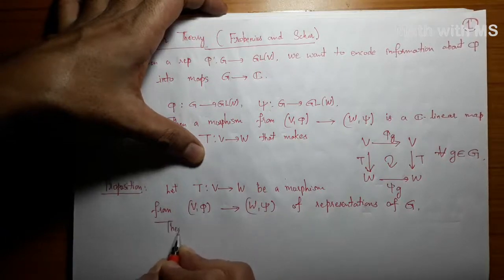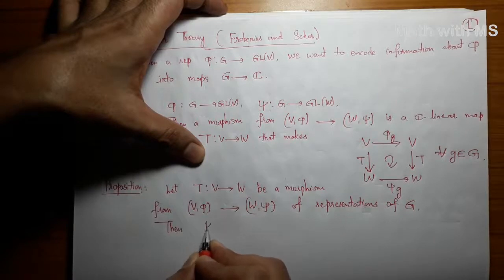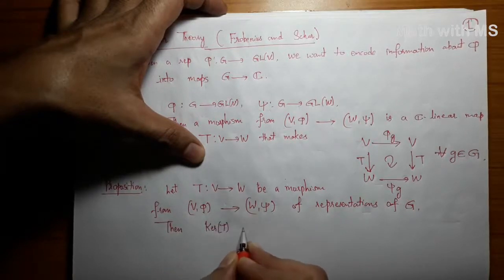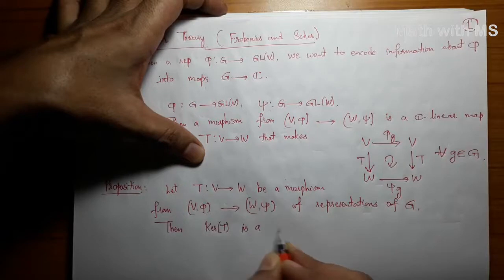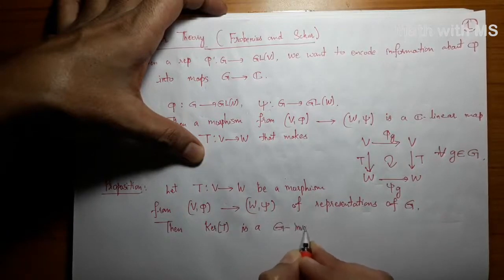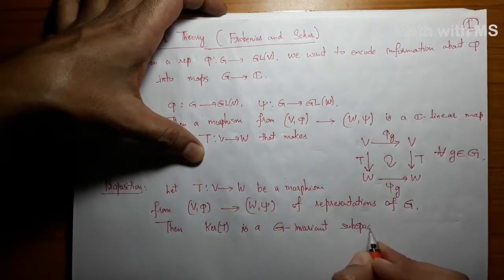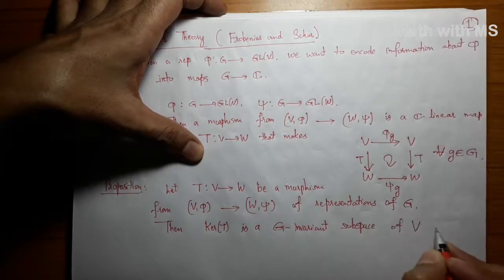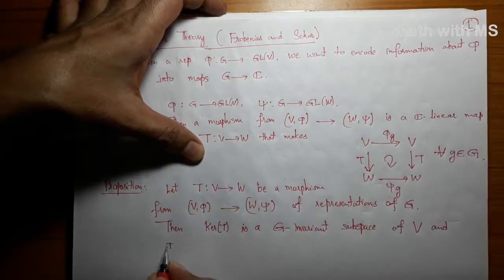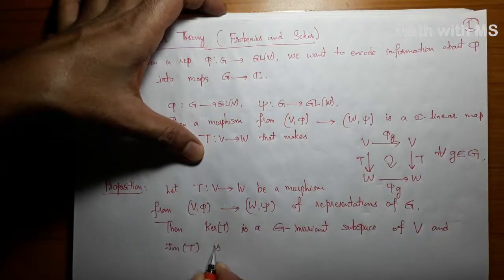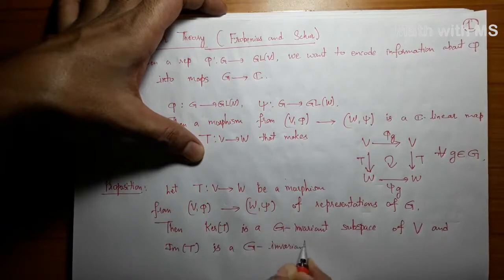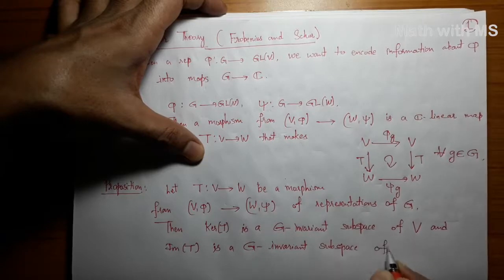Then the kernel of T is a G invariant subspace of V, and the image of T is a G invariant subspace of W. Very simple observation.